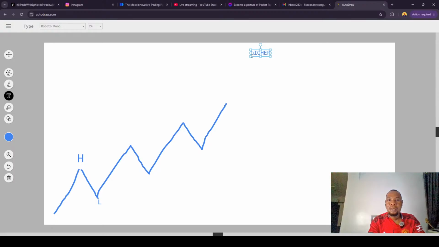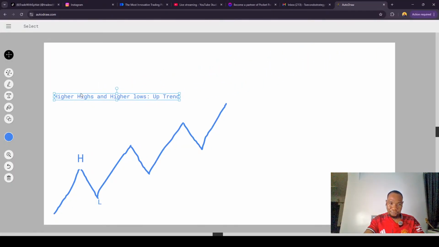Higher highs and higher lows is what? Uptrend. So it means that this particular one is an uptrend.